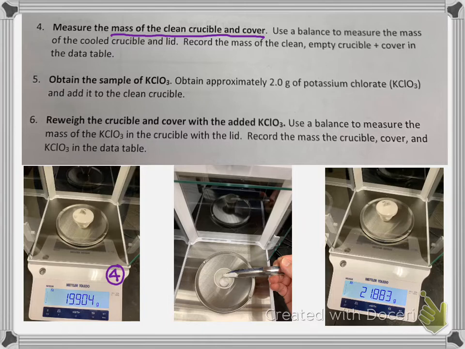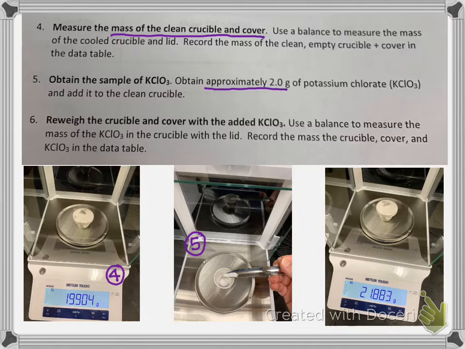Then I got a sample of potassium chlorate. It looks very much like table salt. Here I was adding the potassium chlorate with a spatula to my crucible. It told me to get about 2 grams, and when it says approximately 2 grams, it doesn't have to be exact.